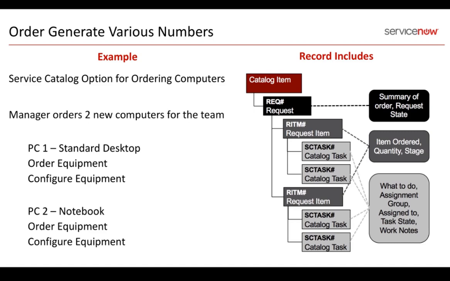Maybe there's more, but for the sake of real estate on our screenshot, there's 2. Provisioning a new laptop. Once those catalog tasks are marked as complete, it's going to roll up and mark the requested item as complete. So the workflow is what's creating our tasks down below. Yes. Got it. Okay.